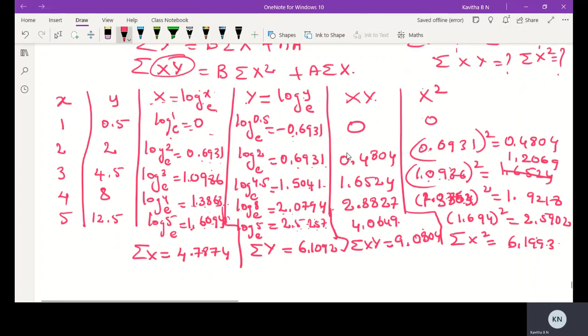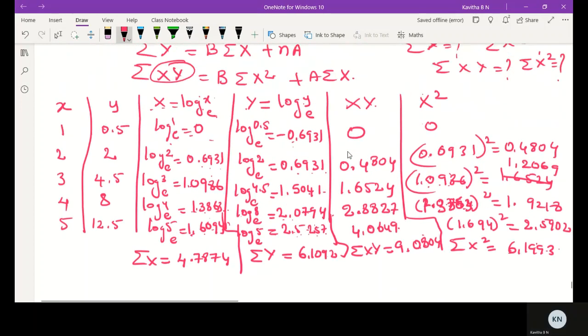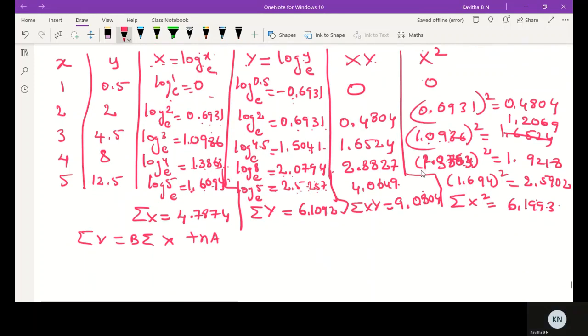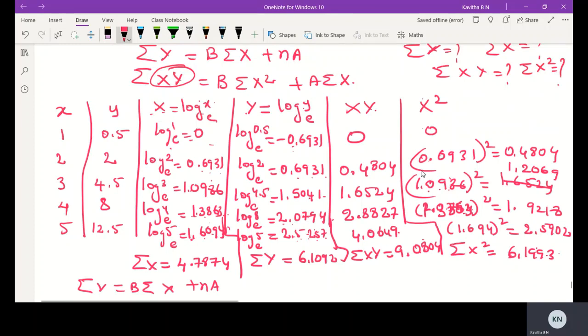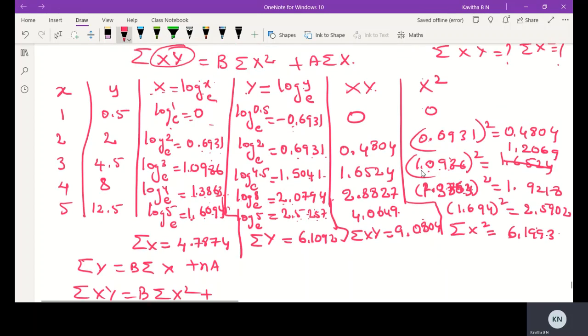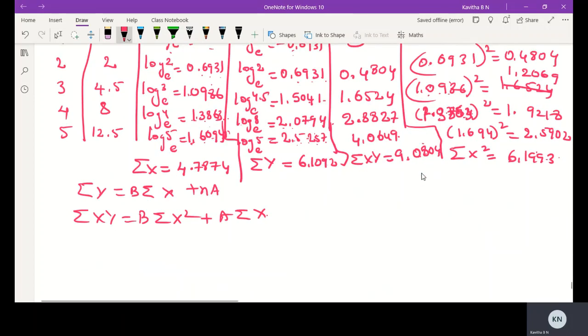Okay. Then use the normal equation, substitute. What is there in the normal equation? Summation of capital Y is equal to B into summation of X plus NA. Then summation of XY is equal to B into summation of X square plus A into summation of X. Substitute all the values.